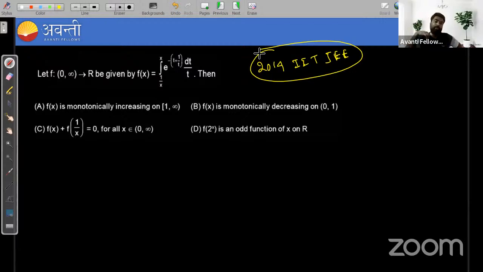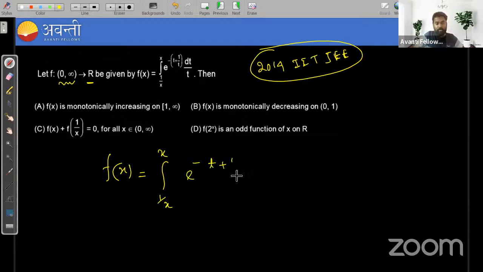It is given in the question, f is a function mapping from 0 to infinity to R, and it is given by f of x equals the integration from 1 by x to x of e to the power minus t plus 1 by t dt.